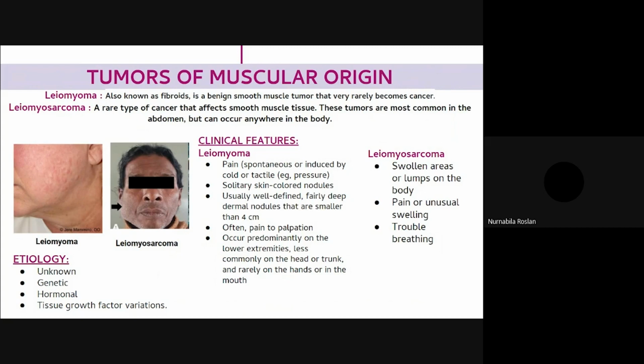It is often painful to palpation and occurs predominantly on the lower extremities, less commonly on the head or trunk, and rarely on the hands or in the mouth. For leiomyosarcoma, the clinical features: we can see swollen areas or lumps on the body. It usually presents with pain or unusual swelling, and the patient might also have trouble breathing.